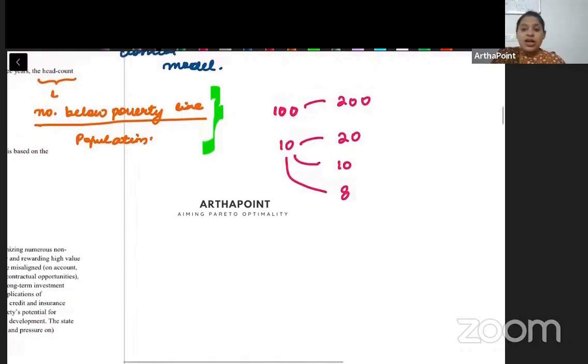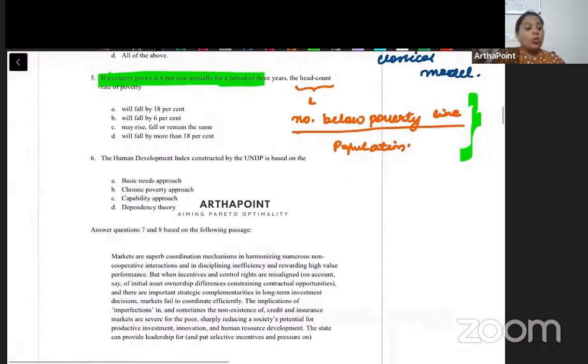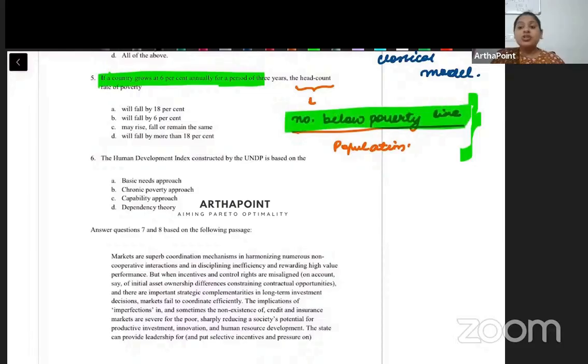We don't have much information on what happened to the number of people below poverty line. There is no information about this. So if I don't know what happened to number of people below poverty line, I cannot comment on the head count. So I will go with C. May rise, fall, or remain the same.